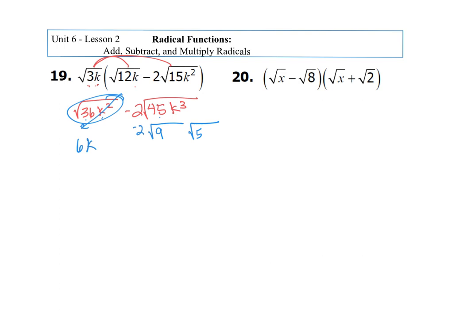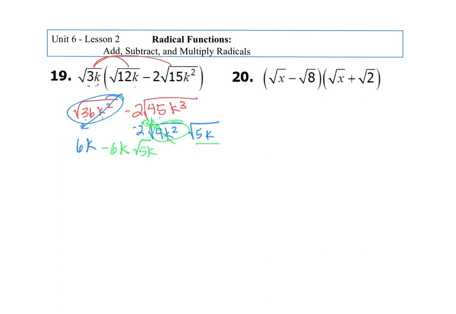We have to kick out 1 k, and we'll keep 2 k's because that's divisible by 2. So the square root of 9k squared is 3k. It multiplies to the negative 2, so that's negative 6k, and then square root 5k stays underneath.